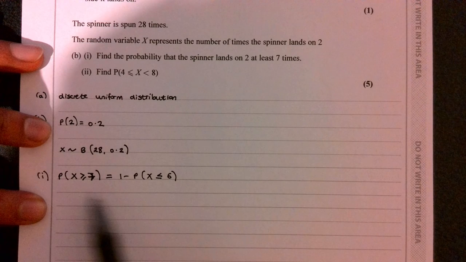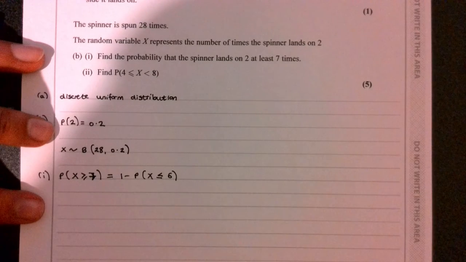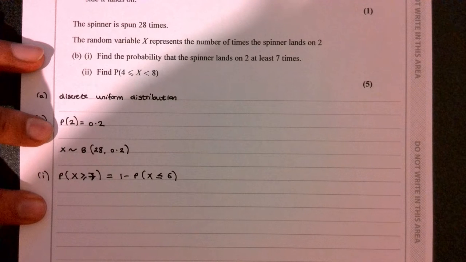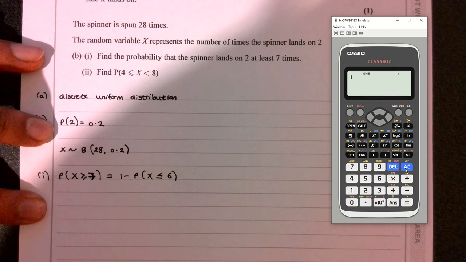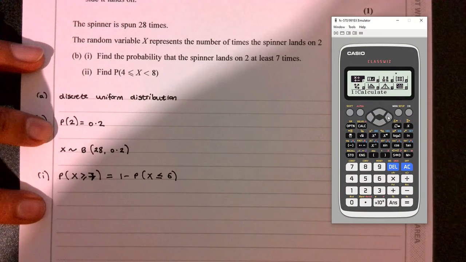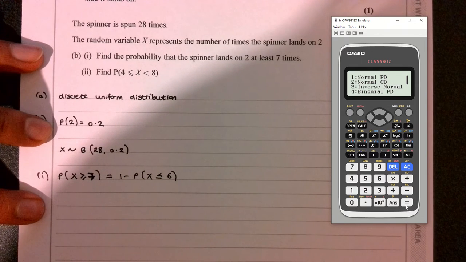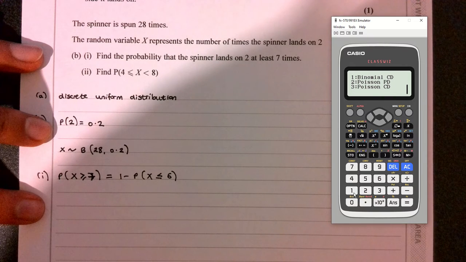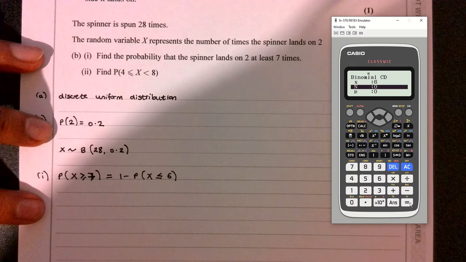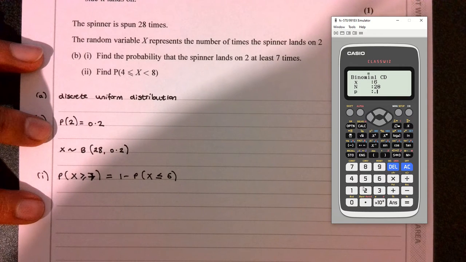And the reason I put this into this form is because if we go to our calculator, press menu and then go to the distribution section and press the down arrow, we have a binomial cumulative. Press number 2 for variable, x over here is 6, n, the number of trials, is 28, the probability is 0.2.